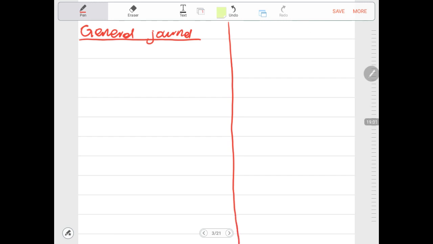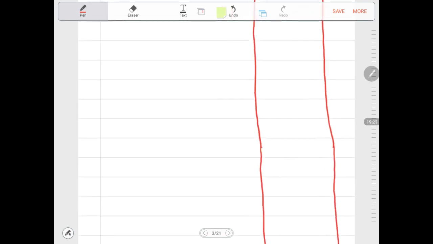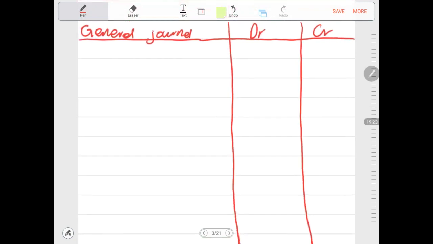I don't normally draw the line like this. I normally just record the figures as they're supposed to be recorded. But to make sure that those who don't have an accounting background are not left behind, I will draw the lines in between so that we know that on one side there's a debit, and on the other side there's a credit.